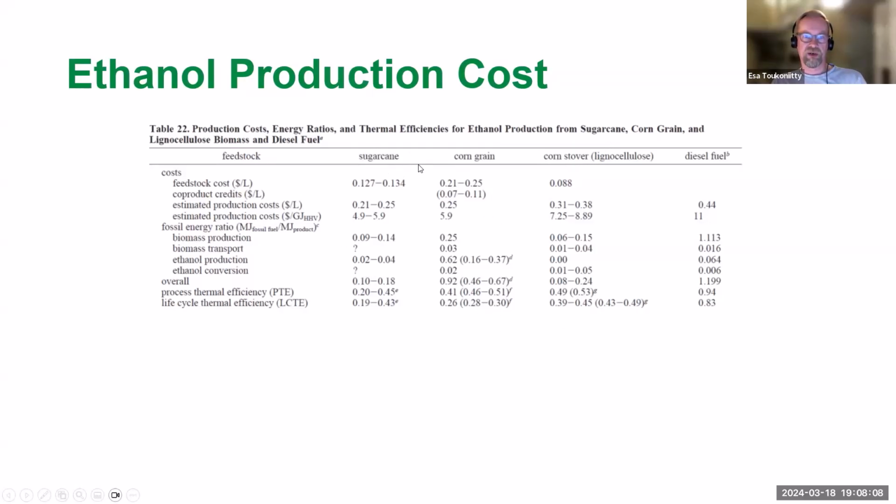There are numbers for sugarcane, corn grain, corn stover, and as a reference also diesel fuel. But this is like 25-year-old data. So if I had to guess, currently the numbers are better in terms of energy efficiency and many other improvements.